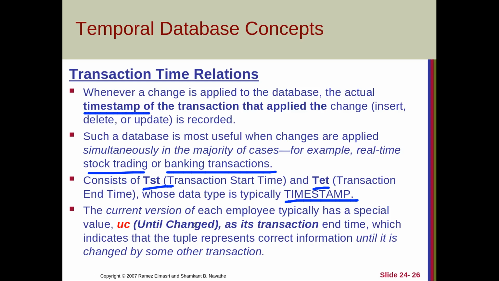The current version of each employee typically has a special value UC, that is, until changed. For a valid time relation, the current version is represented as now. Similarly, in a transaction time relation, the current version has UC as its transaction end time, which indicates that the tuple represents correct information until it is changed by some other transaction.